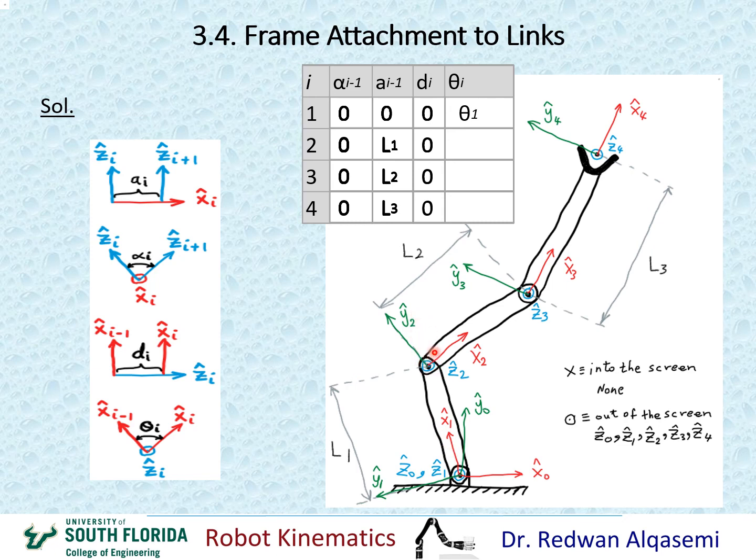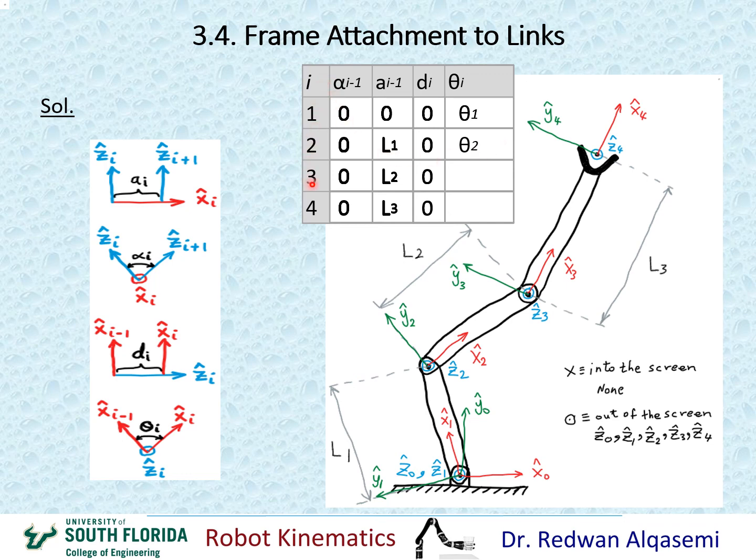Okay, and as soon as I start moving joint 2, this x2 will start moving back and forth. Okay, so that would change the angle between x2 and x1. So this means that the angle is not constant and it's a variable, and that variable is the joint value for joint 2, which is theta 2. So I'm going to put here this as a variable theta 2.